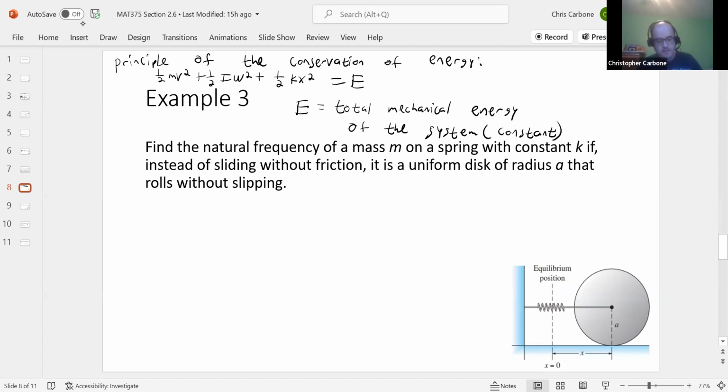So for this, we know, let V be A times omega and I to be MA squared over 2, because this is a uniform circular disk.